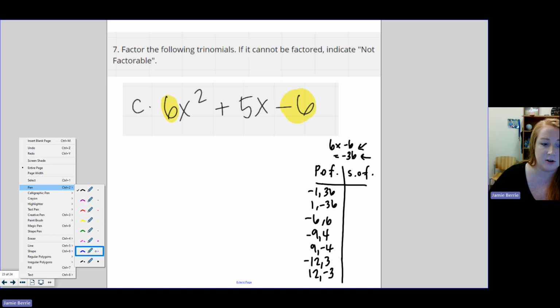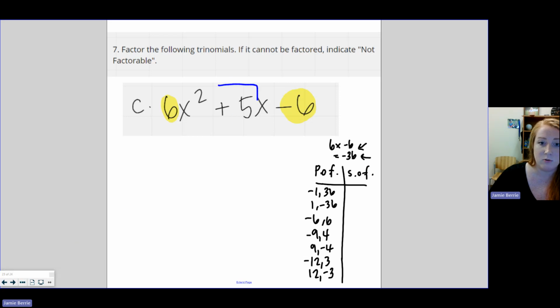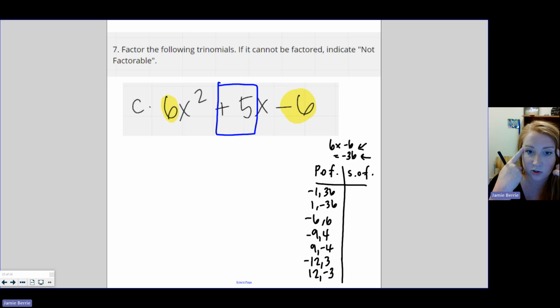All right, so we're going to start working on our sums of factors. I'm going to do that in a different color. And we are looking for the coefficient on the middle term, 5. So we're adding these up. In the back of our minds, we're thinking, I'm looking for a 5. Right off the bat, I can tell that these aren't going to work. Negative 1 plus 36 is 35. 1 minus 36, that's negative 35.